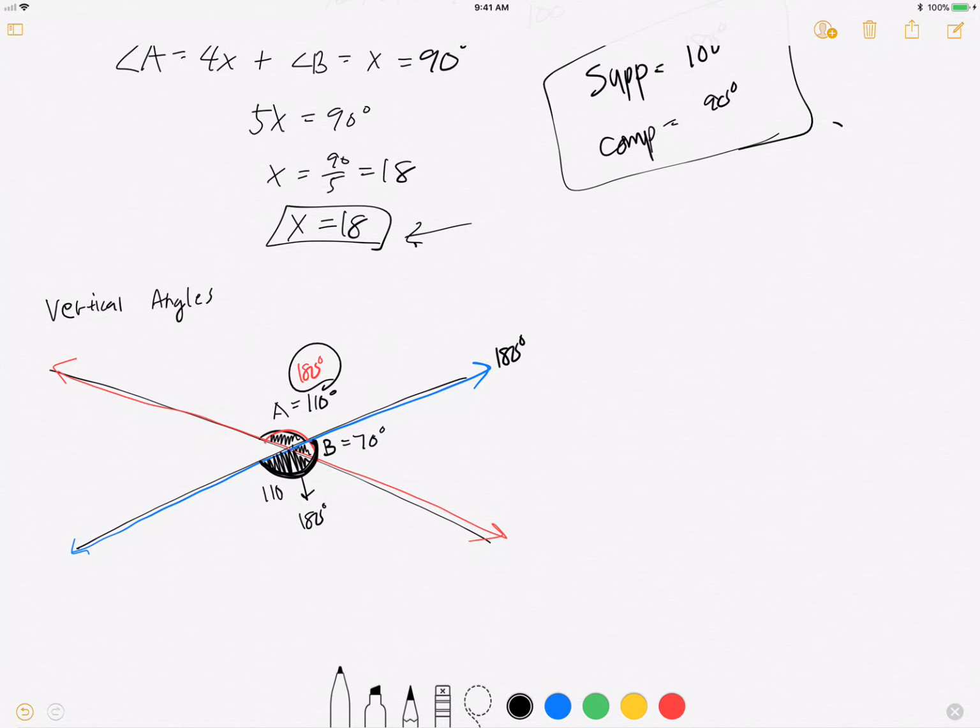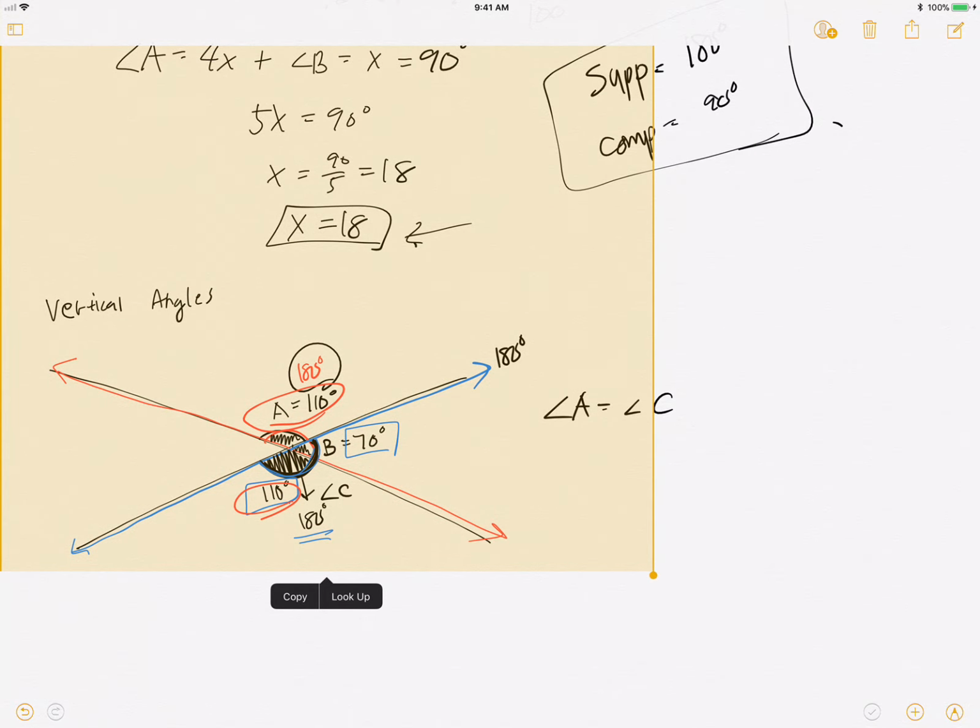That should also be 110 degrees because the 70 that we got from this one has to add with this angle to combine for a grand total of 180. And then what can we say? We can say that this angle that we marked as A, which is 110, is the exact same thing as this 110 on the bottom. So even if I were to call, let's say, this angle C, we know that angle A is equal to angle C. And that is because of the property, what is this?